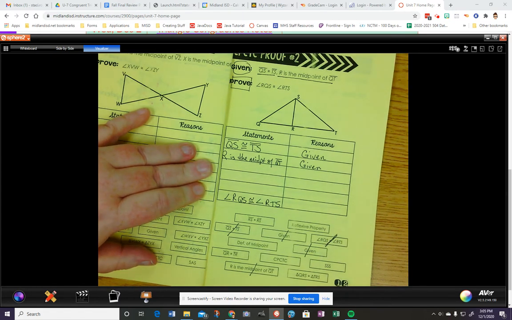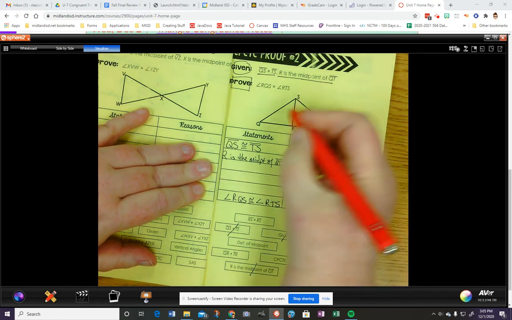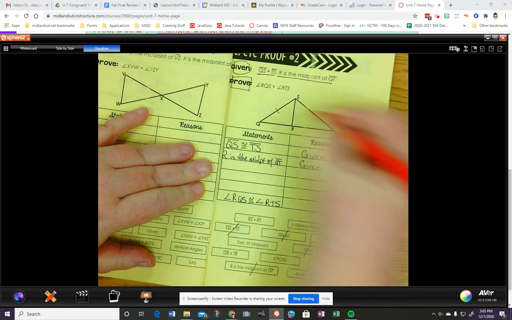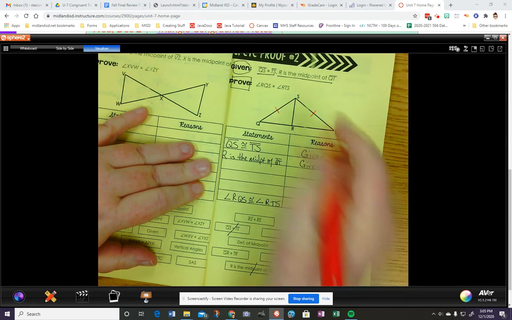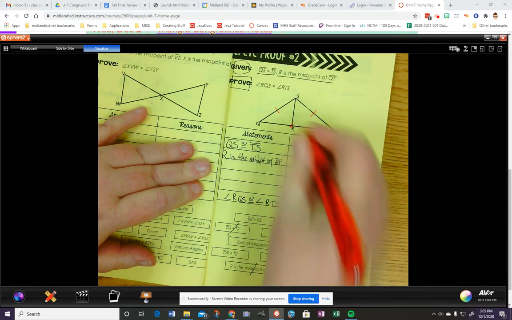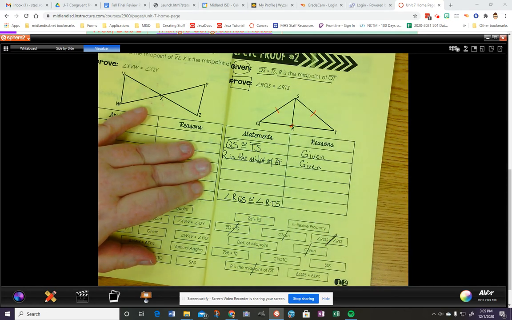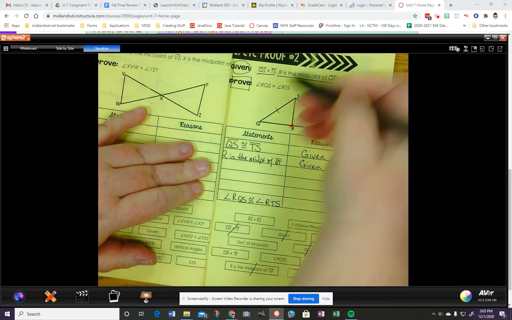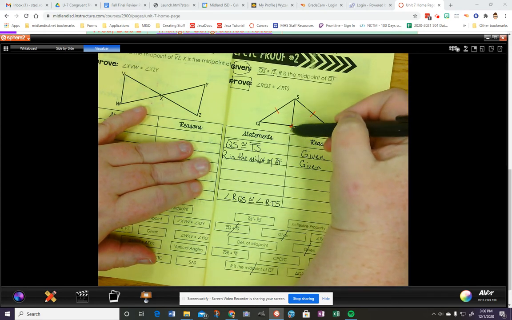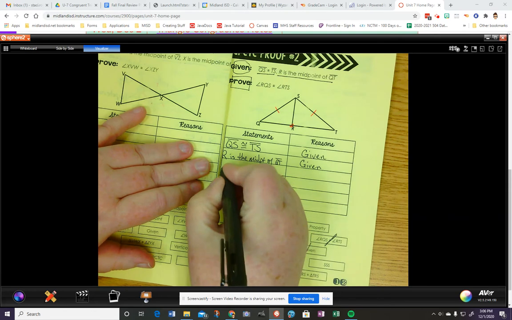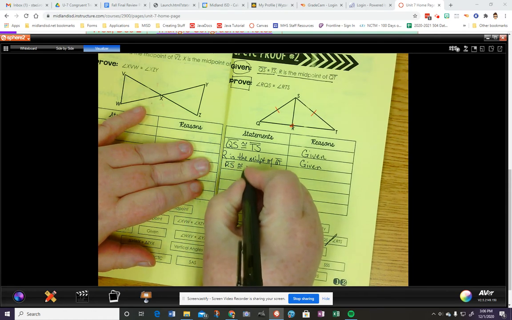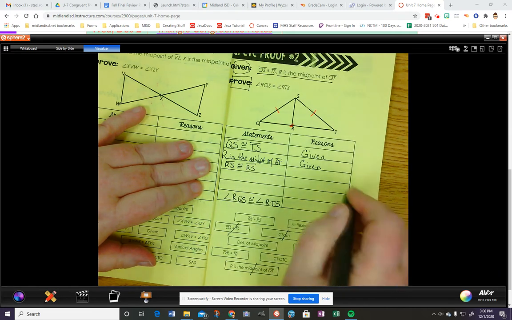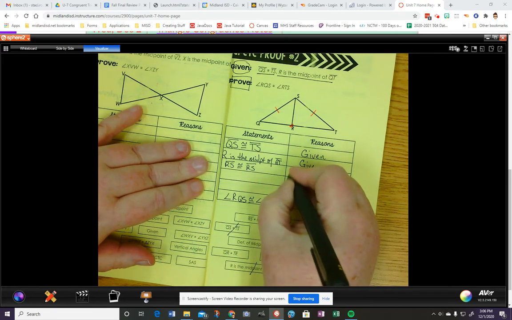All right, so let's do our proving. Let's mark our triangle. QS congruent to TS. R is the midpoint, so there's R. What can we say about RS, just right off the bat? RS is congruent to RS. By what reason? Reflexive property.